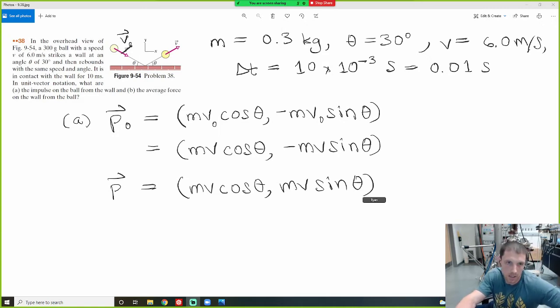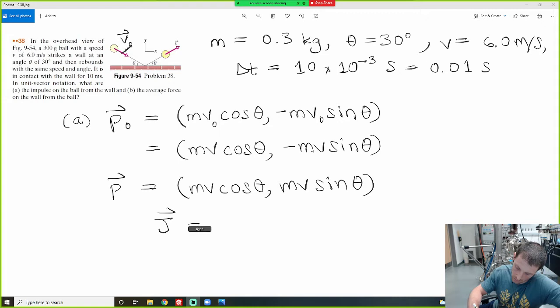And hopefully the plus and minus signs that I've written here make sense, because you can always just look to the figure provided in the problem statement to see what we're calling our x and y directions, and hopefully it's clear that the first momentum vector should have a negative y component, and the second one should have a positive y component. And so now, right, we just want to solve for the impulse.